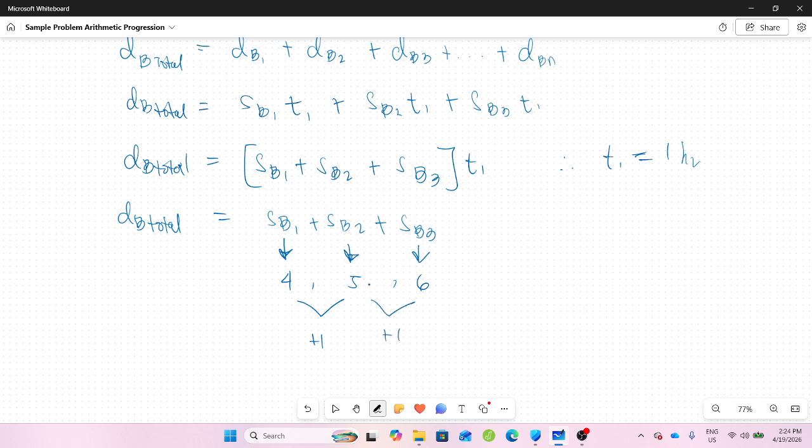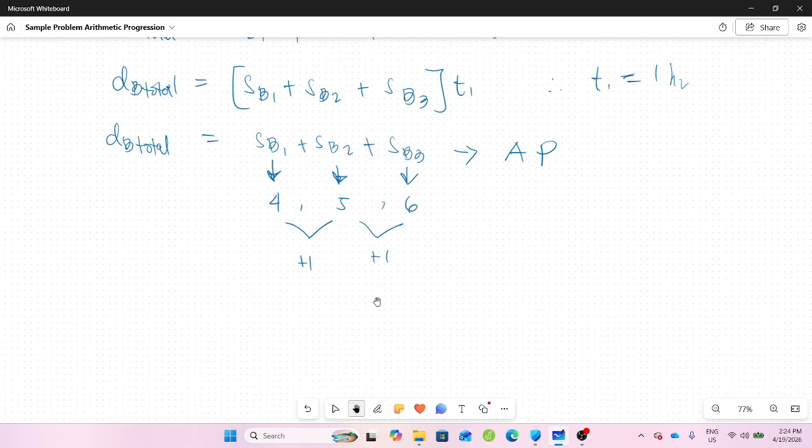Okay, so it means that this one is actually an example of an arithmetic progression. Now, since this is an arithmetic progression and we wanted to add each term, we want to add 4, 5, and 6, we know that we could use this equation to solve or to do that.